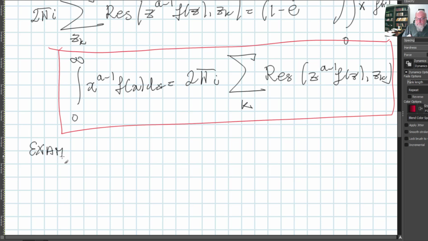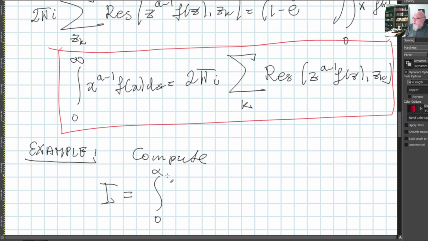So if you have a formula, now you need an example. Let's do something simple. I leave you the verification that all the conditions we were mentioning are satisfied. Let me write it down. Compute the integral from 0 to infinity. There is no principal value needed, this is the actual value of this integral, so it is convergent under this assumption.